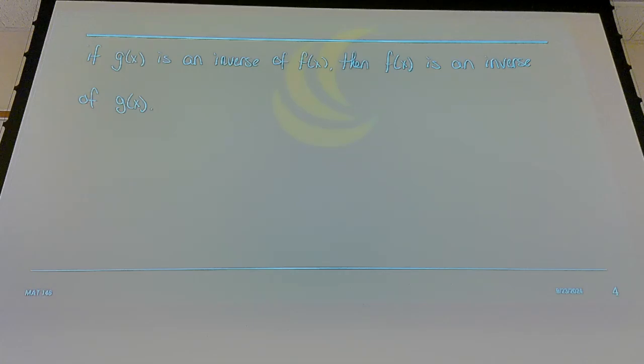So that is the relational thing that's called the symmetric property. So the inverse operation is symmetric.